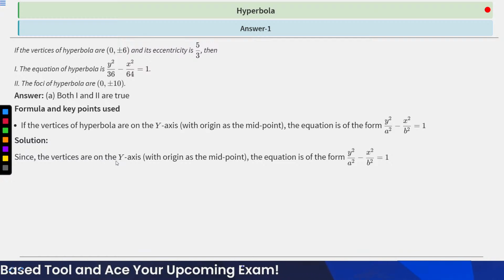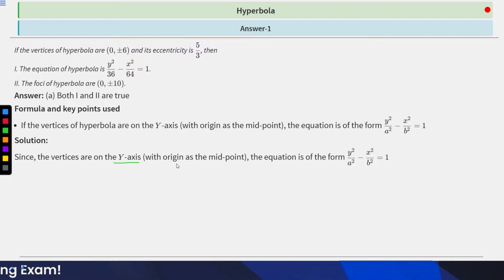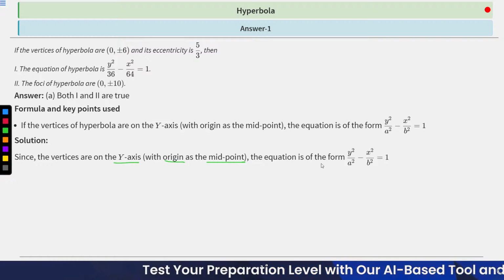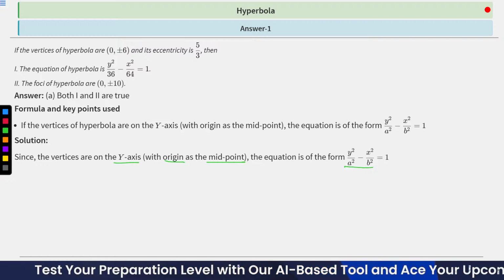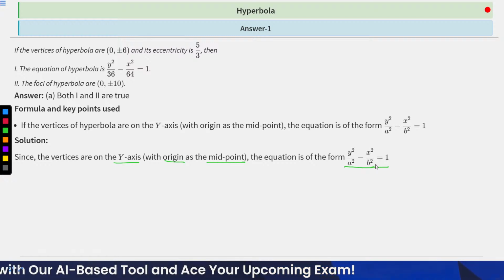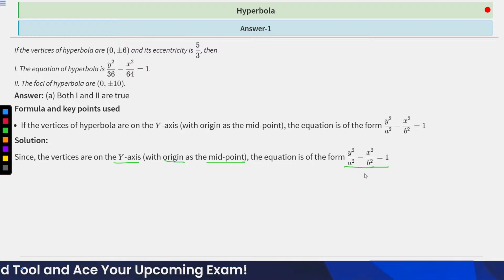Since the vertices are on the y-axis with the origin as the midpoint, meaning the center, the equation is of the form y square by a square minus x square by b square is equals to 1. Now, using the eccentricity, we have to find out a and b.